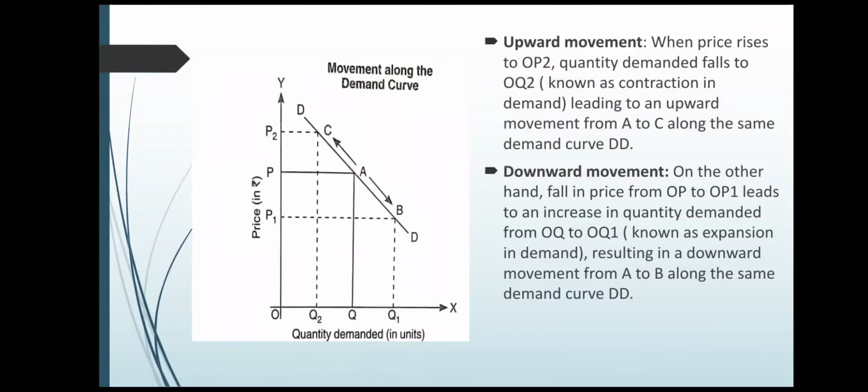Whenever there is a fall in price, from OP to OP1, we have already studied in law of demand that there will be an increase in quantity demanded. So with the fall in price, quantity demanded increases from OQ to OQ1, which leads to a downward movement along the demand curve from point A to point B.